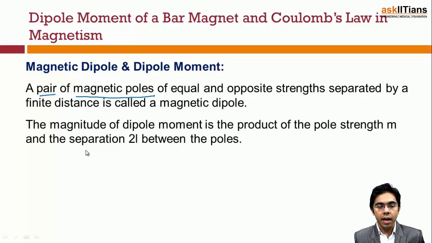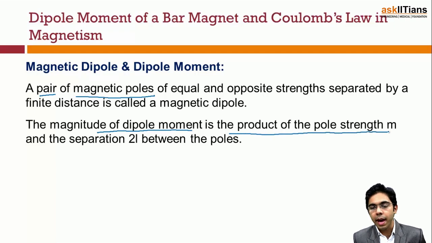Now let us define the dipole moment. The magnitude of the dipole moment is the product of the pole strength m and the separation between the poles. For a particular bar magnet, pole strength means how much is the strength of the pole, the capability of that pole to attract or repel other magnets or other objects.